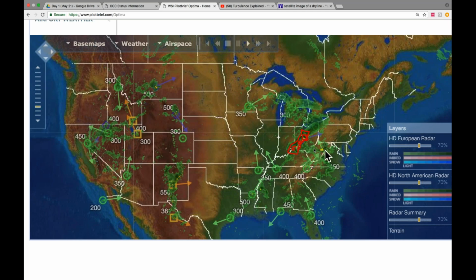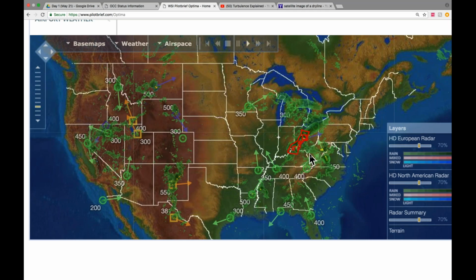Well, with how severe the storm system is, sometimes we can't fly through that area. Remember, a lot of these storm cells have the potential of reaching 40 to 50 to 60,000 feet high, especially in the central United States.